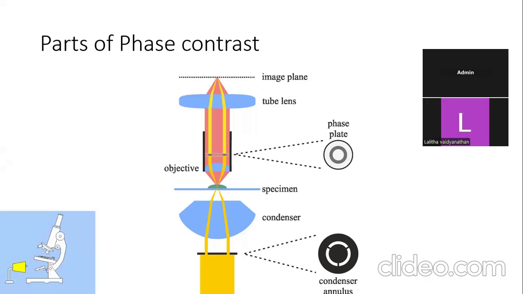So different waveforms interact with the different portions of the specimen. Here you have the specimen placed, and the light or source of illumination reaches through the condenser and then reaches the specimen. Different waveforms interact with different portions of the specimen.